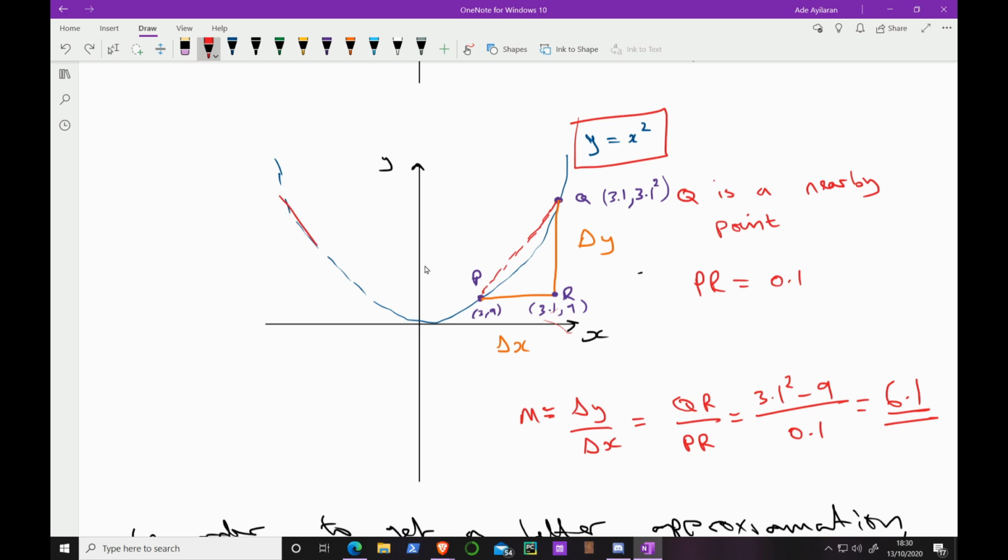I'm drawing a tangent there to find the gradient of the point there, and a tangent there, and there, and so on and so forth. So that's why it's really important to know where differentiation comes from. Okay.